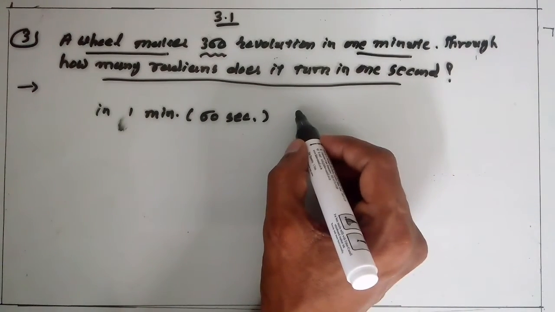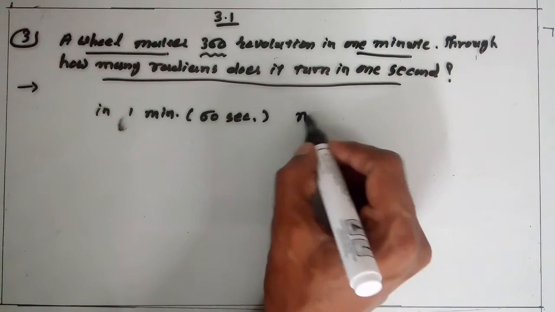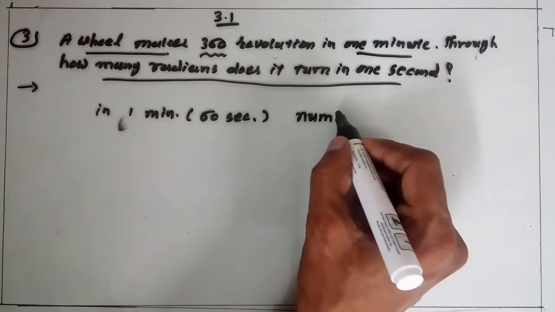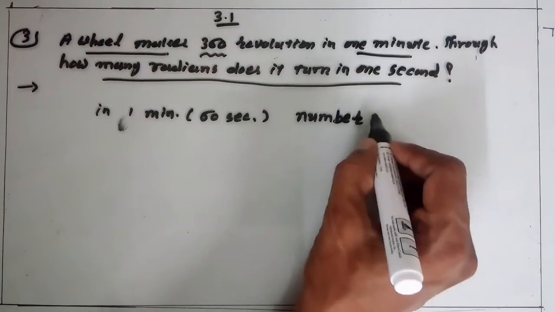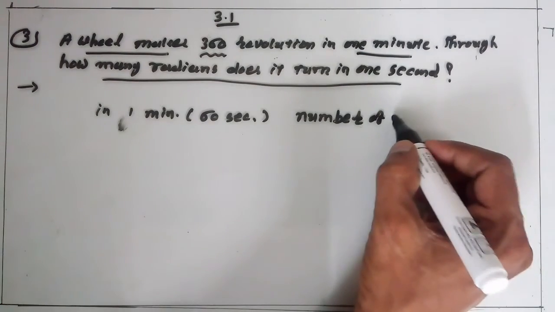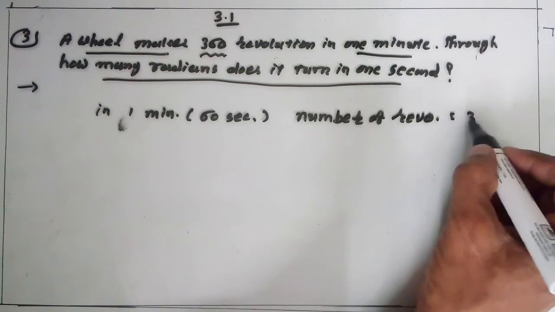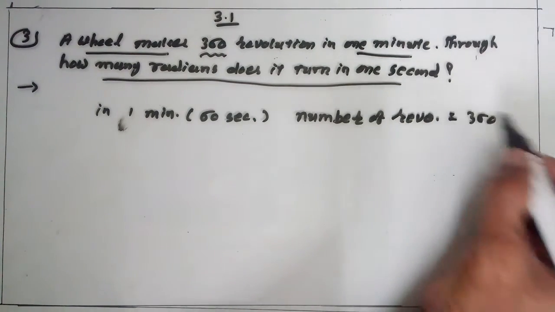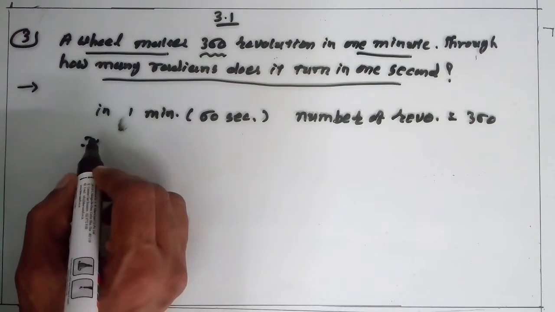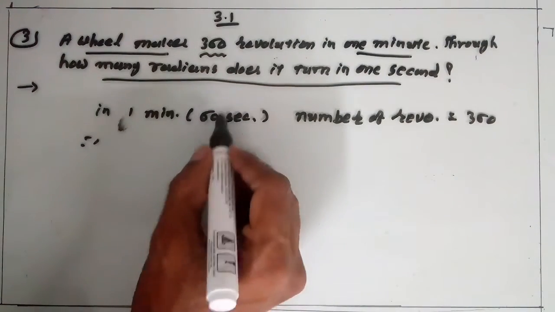Number of revolutions is equal to 360. Therefore, here we find in 1 second.